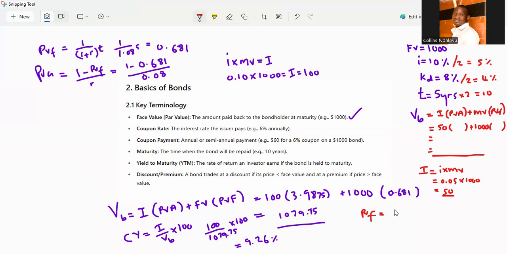So 1 over 1.04 to the power time. What's our time now? Instead of 5 periods, 10. Are we following? Yes. So what becomes our interest factor?